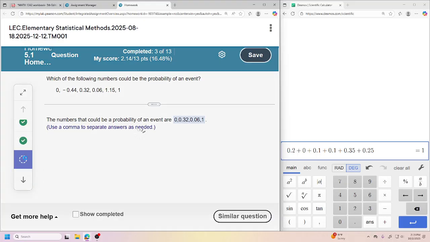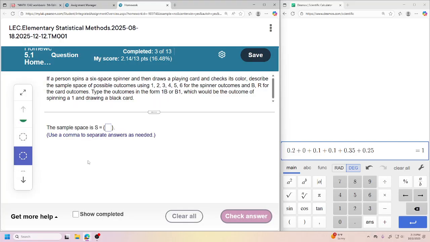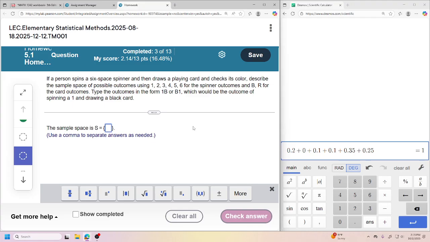It's a little confusing at times, but I think we already talked about this one on the homework. Yep, this is that crazy one. So we got a spinner and we got different colors. Are they talking just black and red? Okay, cool. Remember how it was heads, tails? This one now is the black, red one.